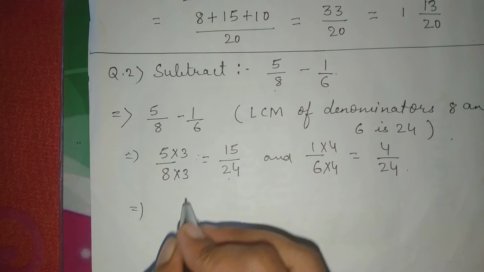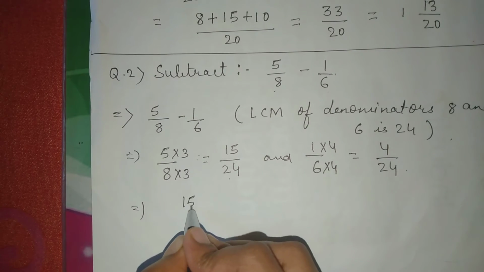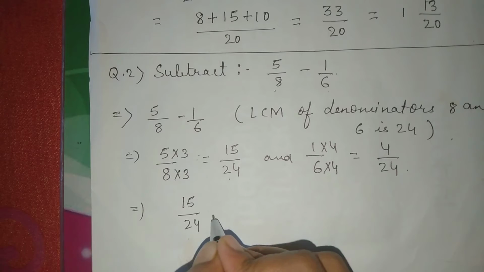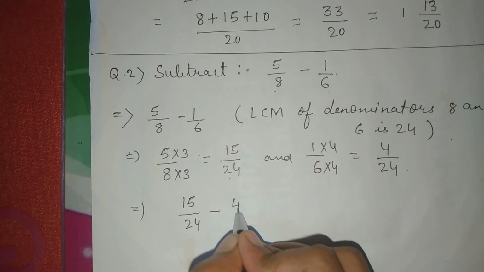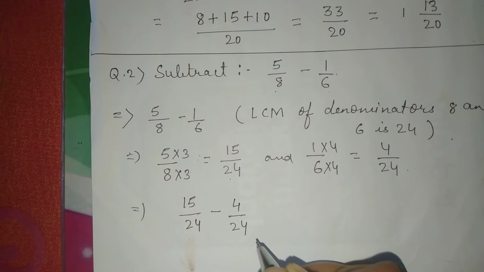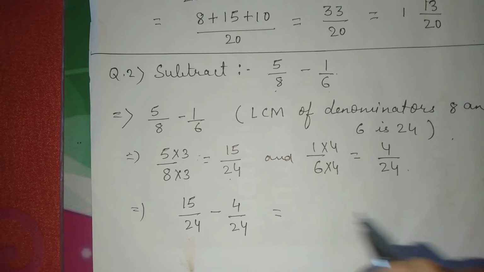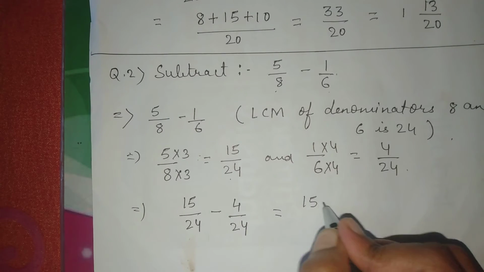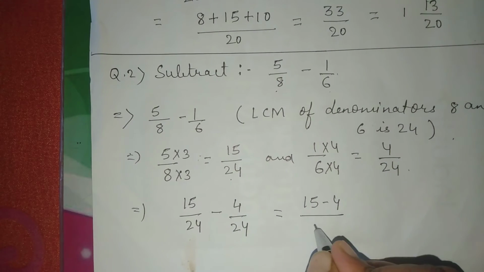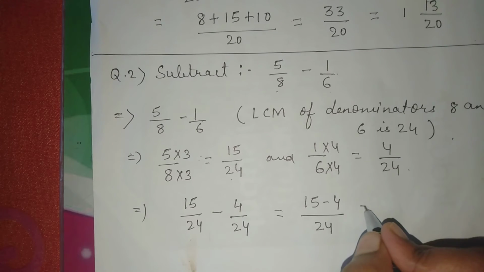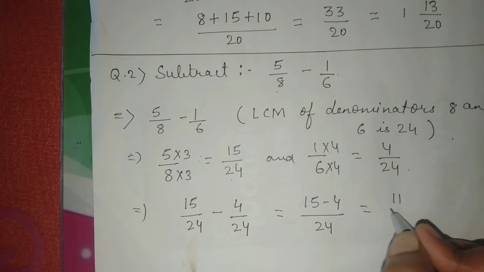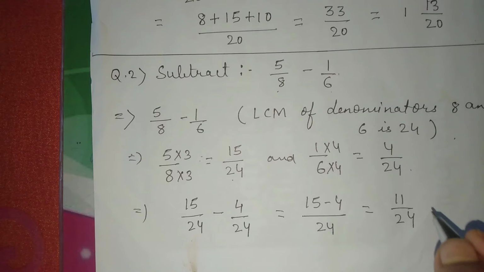So now we will do our subtraction. So 15 by 24 minus 4 by 24. So 15 minus 4 by 24, and your answer is 11 by 24.